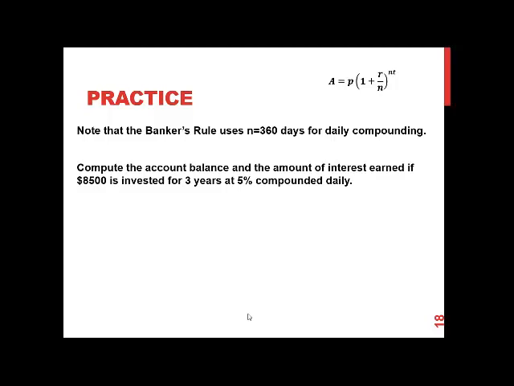And so when you're working on your homework, the book is going to base compounding on 360 for our N. Compute the account balance and the amount of interest earned if 8,500 is invested for 3 years at 5% compounded daily.